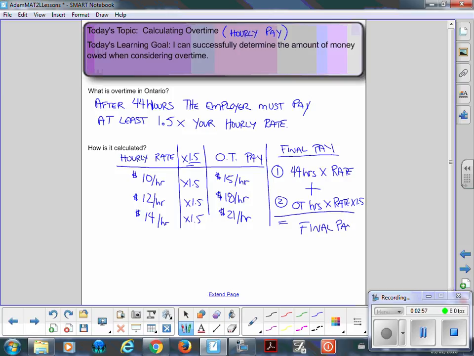So 44 hours times your rate, plus OT hours, anything over 44, times your rate times 1.5. Add those together, and that will give you your final pay.